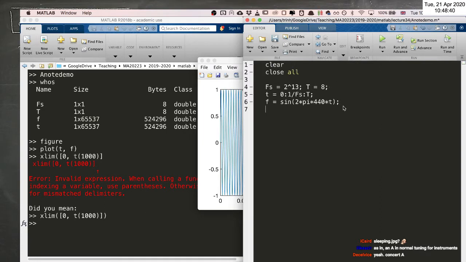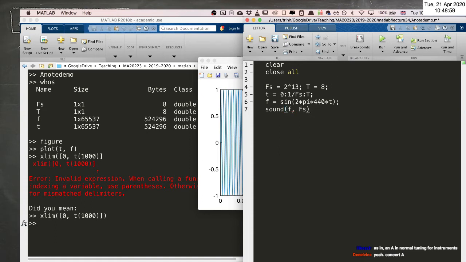So now you can use the MATLAB sound function, and hopefully this comes out in our speaker. The MATLAB sound function just takes two inputs. One is the signal itself, the F, and the other is the sampling frequency, which we've already chosen to be Fs.